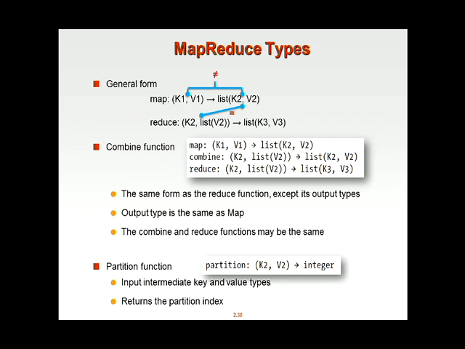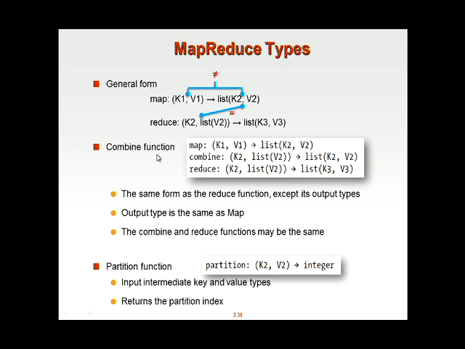For the MapReduce data types, it's very important that your reduce input and the mapper output must be consistent. So here, the key type and the key type must be the same, and the value type and the value type here must be the same. This is very important.